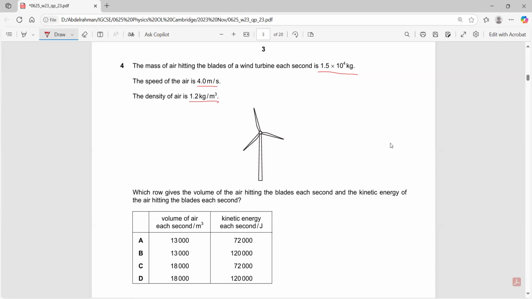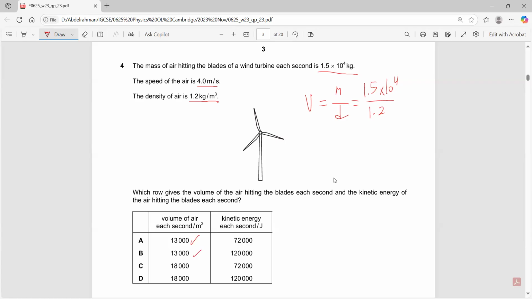So density equals mass over volume, so volume equals mass over density, right? The mass is 1.5 times 10 to the power of 4, and the density is 1.2. 1.5 times 10 to the power of 4 divided by 1.2 will give you a number very close to 13,000.